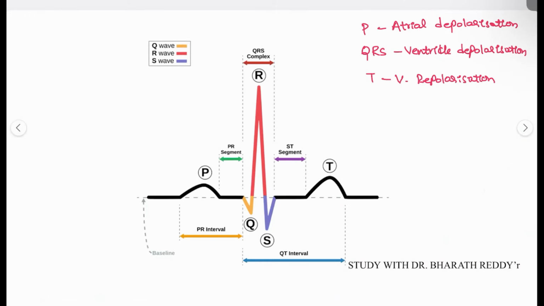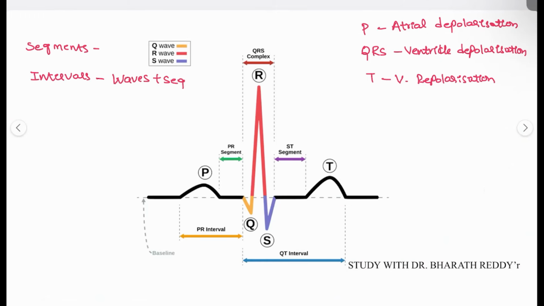And also we have the intervals and the segments. So what are the segments and what are the intervals? The first thing we have to remember is that segments do not include the waves, but intervals will include the waves and the segments.